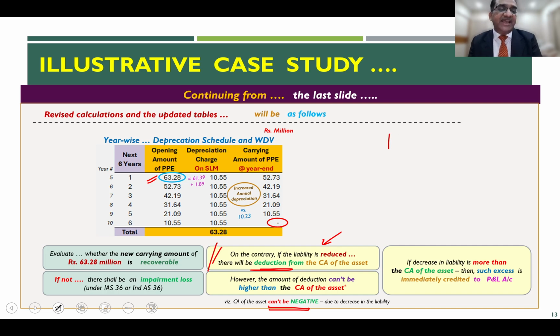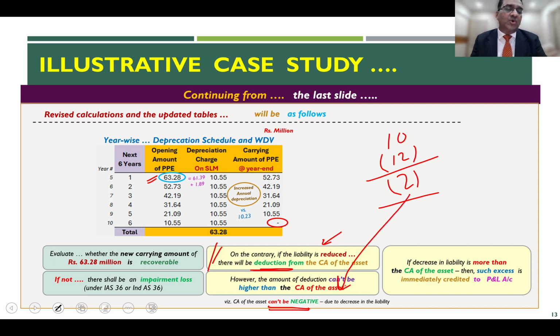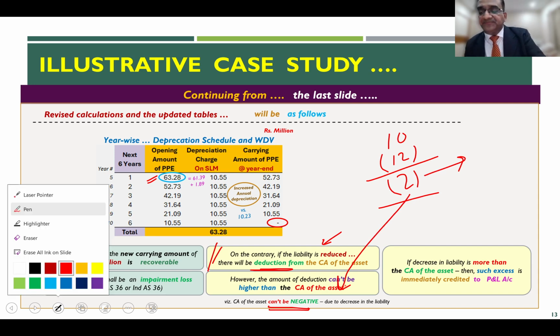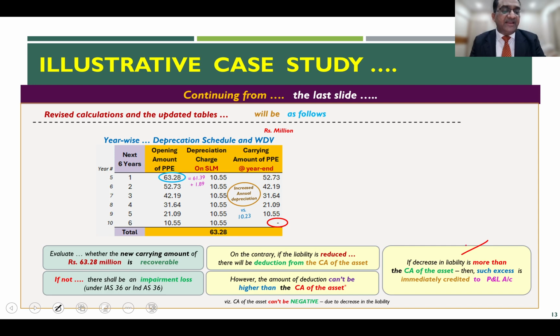The example which I gave, carrying amount of asset 10 and decrease in the liability of 12, then you can't make the negative value of the asset minus 2. No, only this 2 will go to the P&L. So this was said, if the decrease in liability is more than the carrying amount of the asset, then such excess of 2 million in my example will immediately be credited to P&L. This is on the PP&E side.